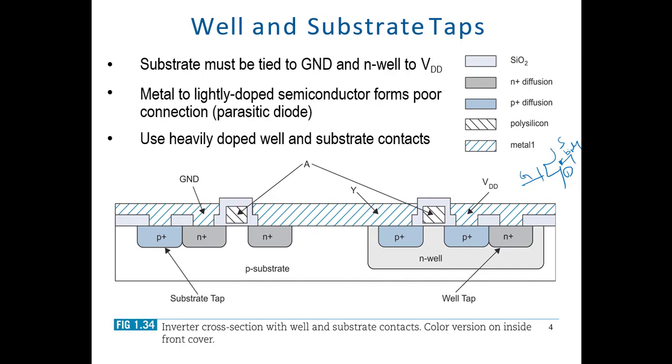For NMOS this is a P type material, and for PMOS it is an N type material. Normally we do not draw this terminal because it connects to either VDD or ground, and we just don't show it. But if you want, it is here for NMOS and it is here for PMOS.